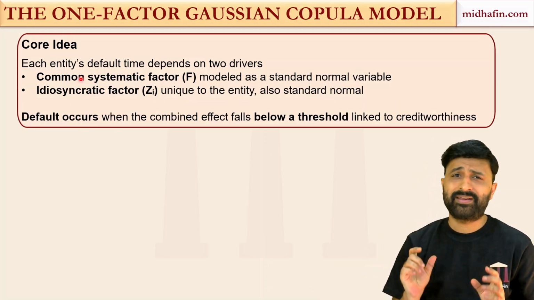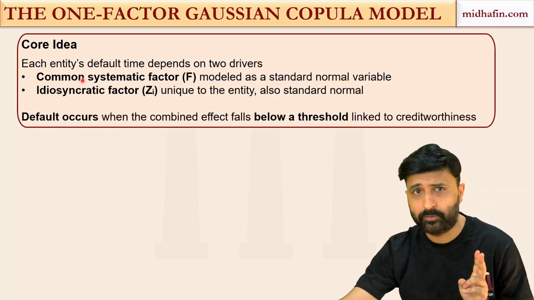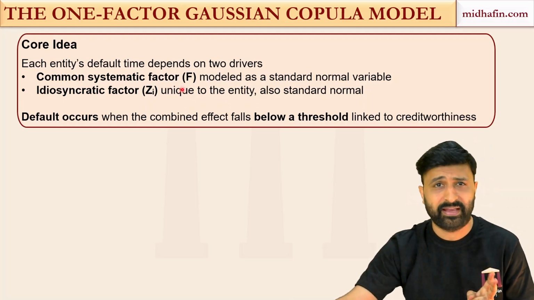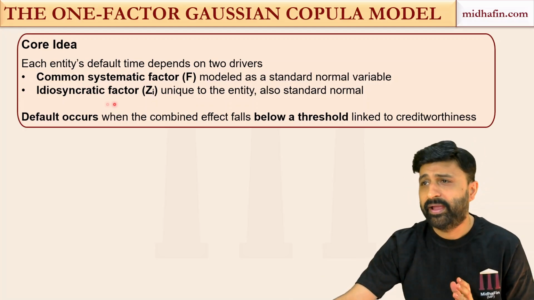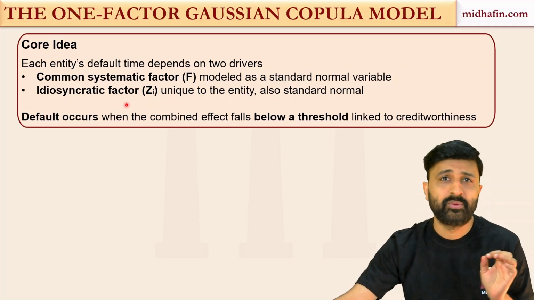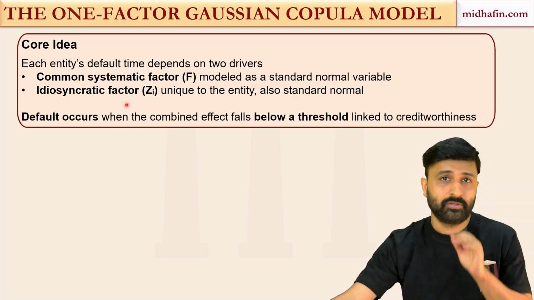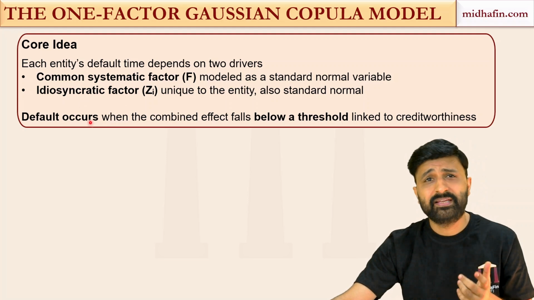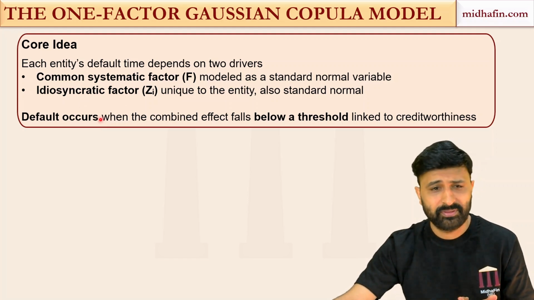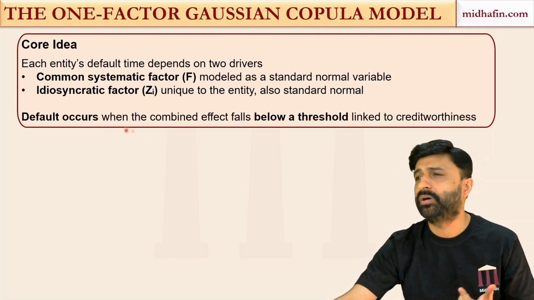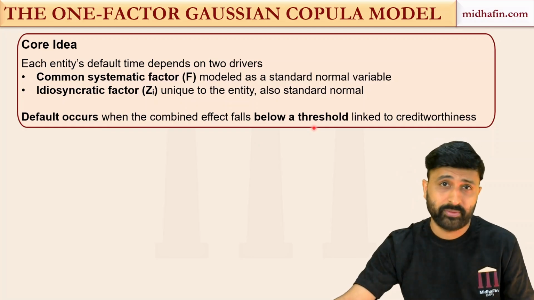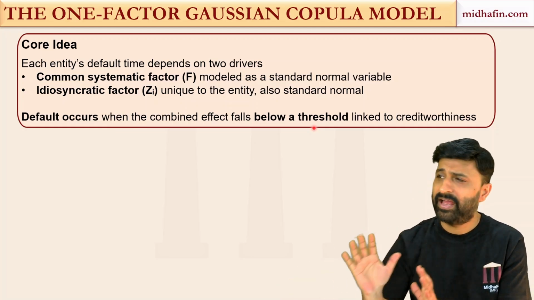Each firm's default timing is driven by two pieces. You have a systematic factor F that hits everyone, and a firm-specific factor Zi that is unique to that firm. We can combine these two into a single score for the firm. If that score drops below a creditworthiness threshold, the model will flag a default.